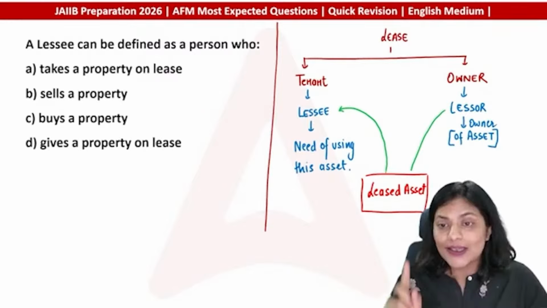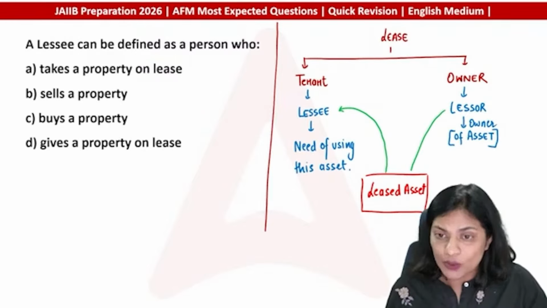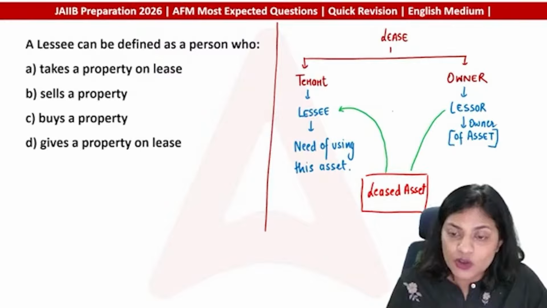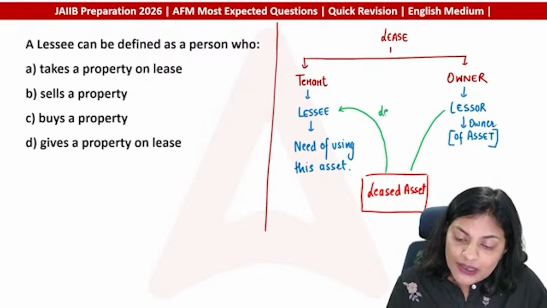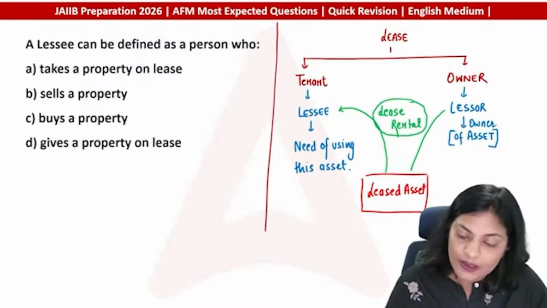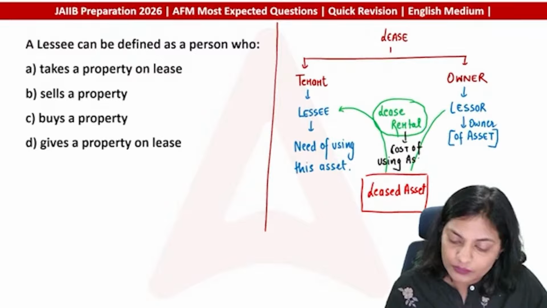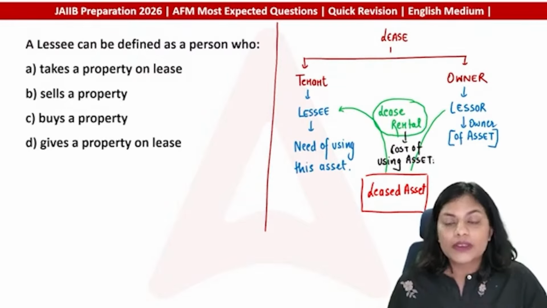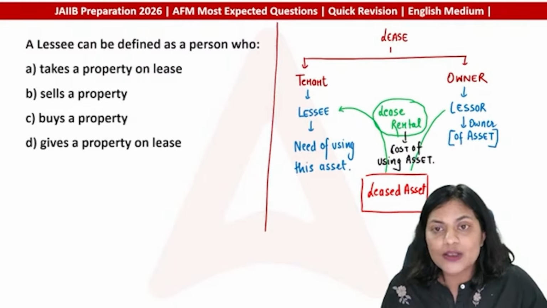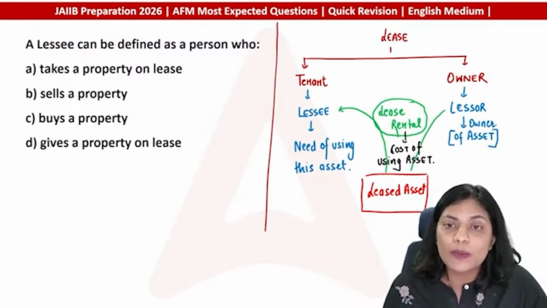Now, because the lessee is using the asset of the owner, he would have to pay a cost for it, the cost of using the asset, which is called lease rental. So the cost of using the asset is basically the rental that the lessee would pay to the lessor.